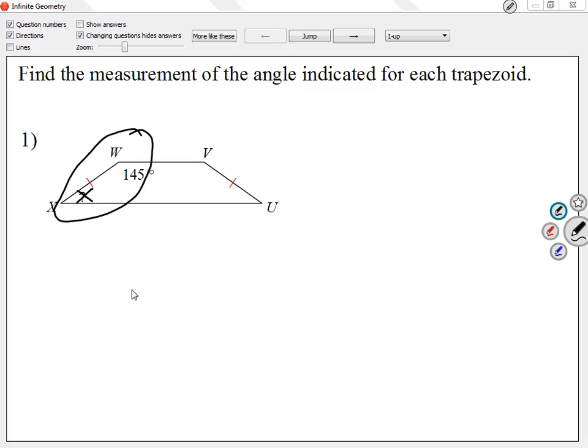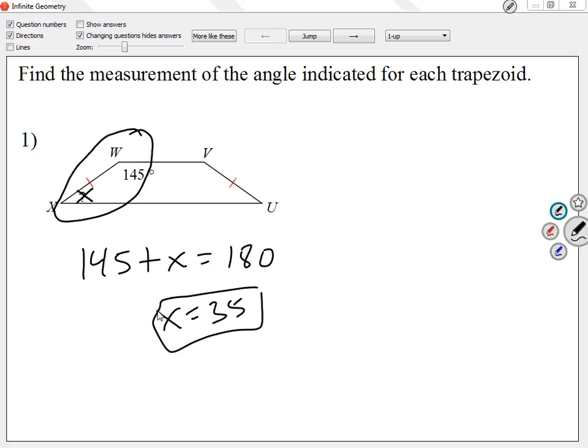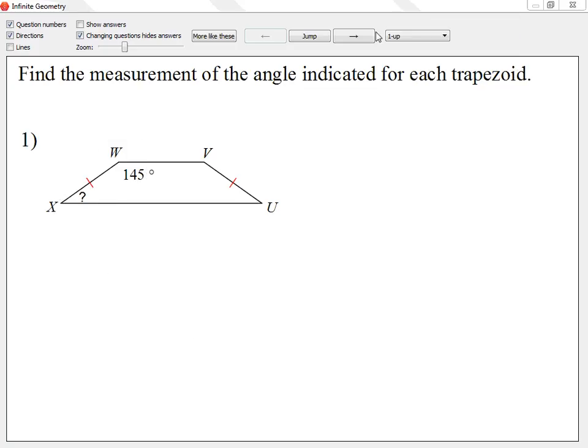So 145 plus x is equal to 180. Once again, the 2 angles on the left side or the right side add up to 180. So how big is x? 35. You subtract 145 from 180. Yes. So I think question number 2 you guys could do pretty well.